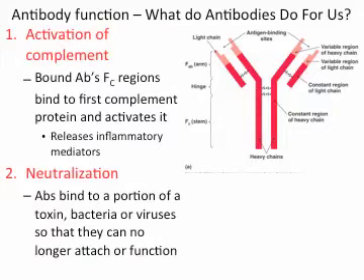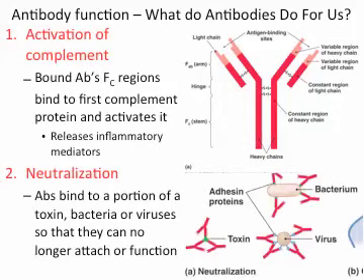So even though the antibody hasn't destroyed the foreign invader, the invader can't perform its function, which is basically to kill you. So here's a cartoon of neutralization. You can see the bacterium or the virus or the toxin is coated with antibodies, and the antibodies in this cartoon are recognizing adhesin proteins on the bacteria and the virus.